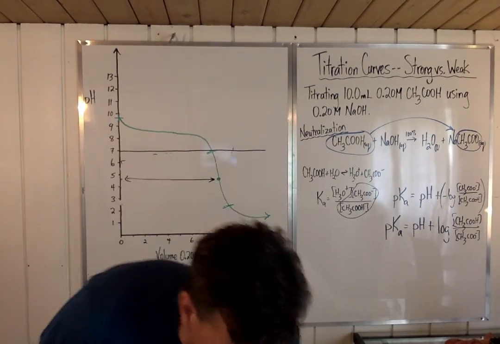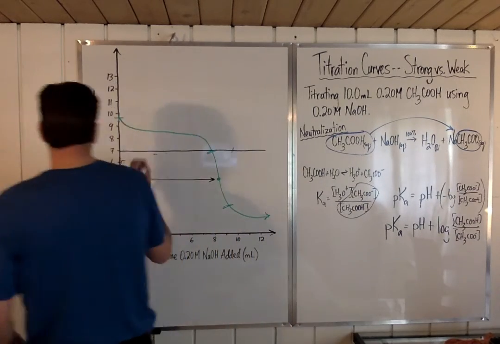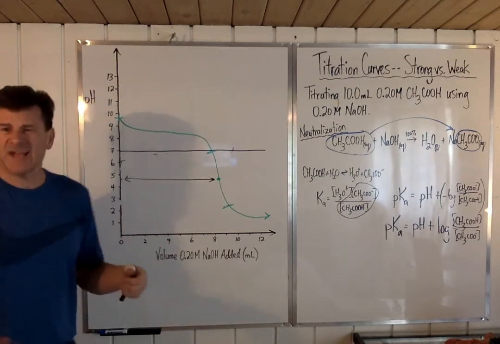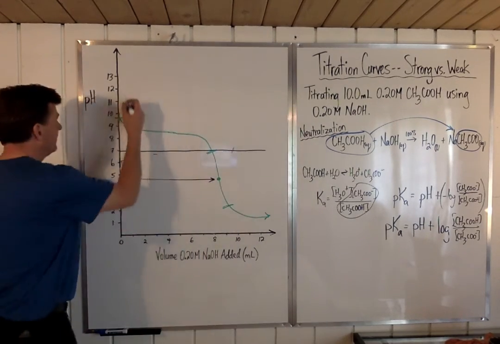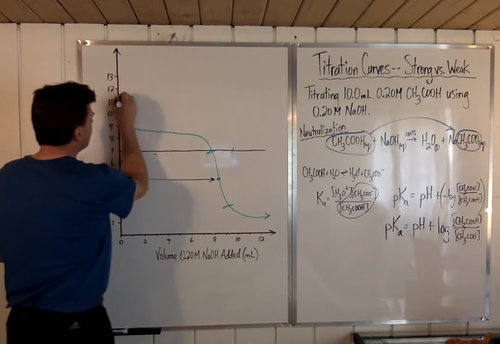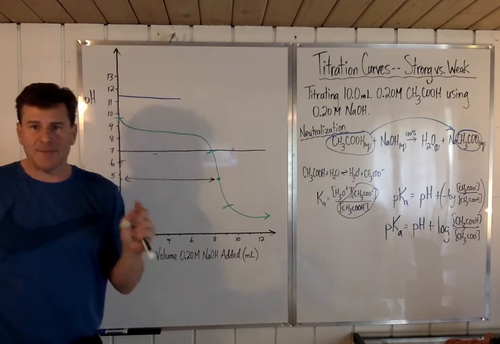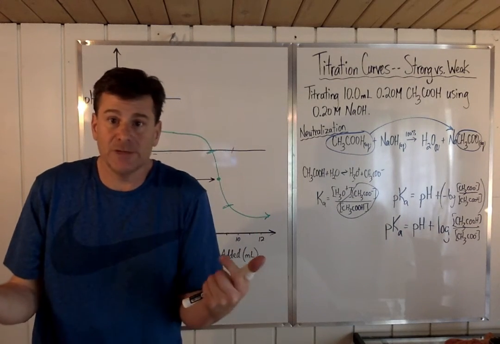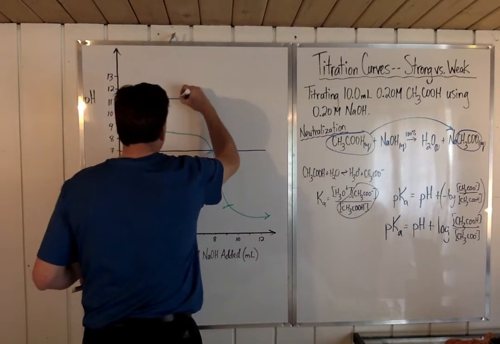What would it have looked like if it was a strong base? Well, the strong base could even start at the same pH. Chances are, if you have a strong base, it's going to be a slightly higher pH than that. Maybe it's going to be up here. It might go along. You don't see that rapid change right at the beginning. There's no buffering effect because there's no equilibrium in a strong base. And then what will happen is it will drop.